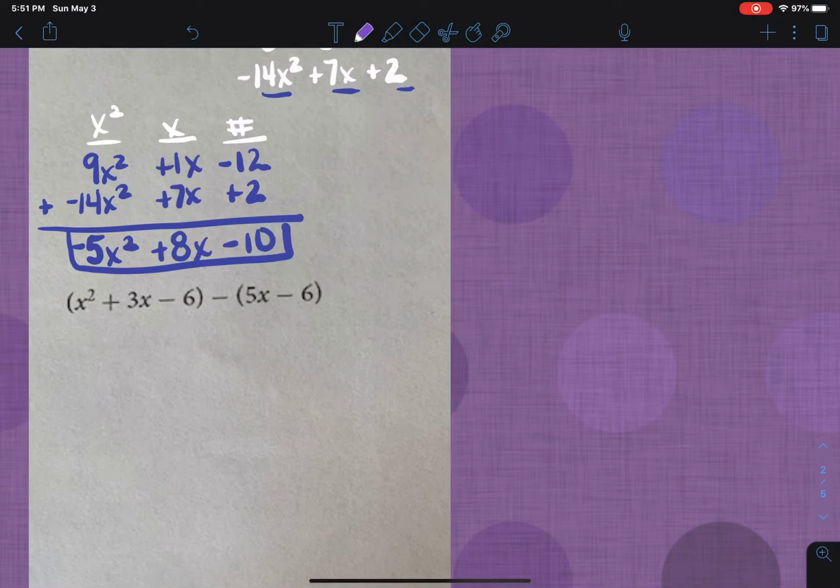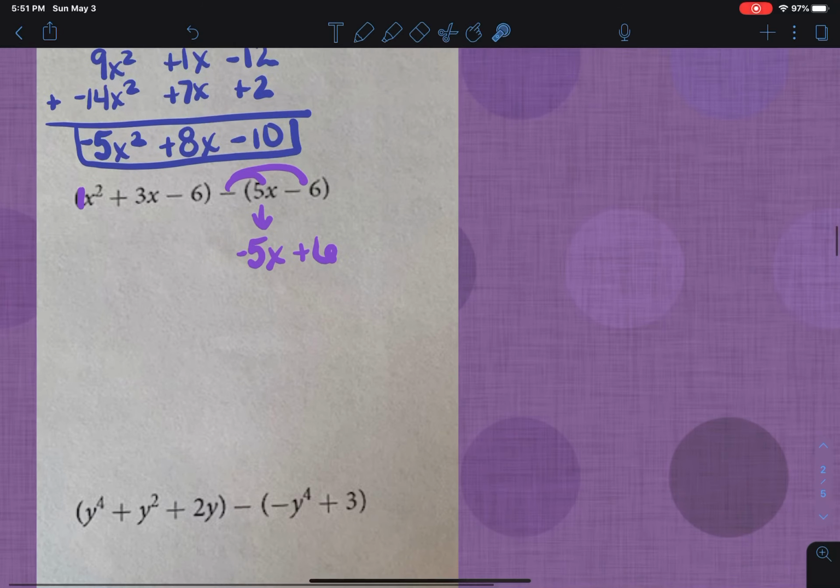Okay, and the next one I'm going to add a 1 here, and this is where I'm going to distribute. So positive 5x becomes negative 5x. Minus 6 becomes plus 6. And then I'm going to start to get my columns together. So between these two, the highest exponent I have is x squared.